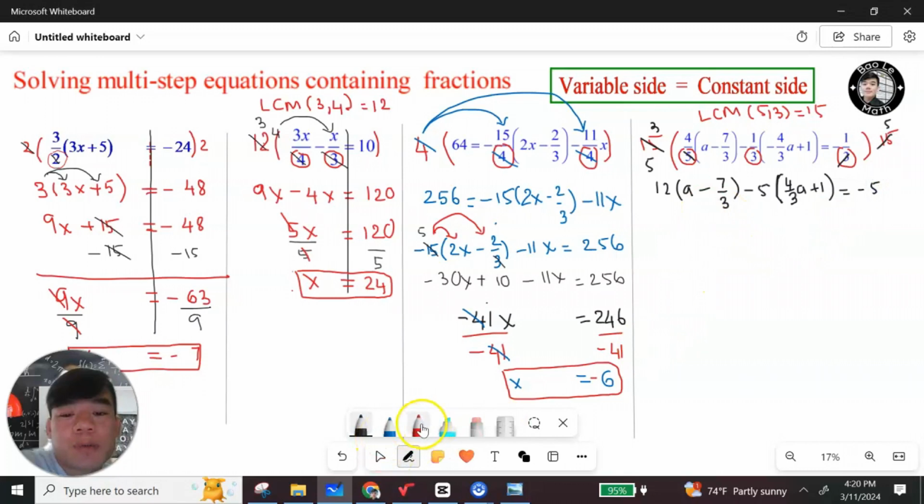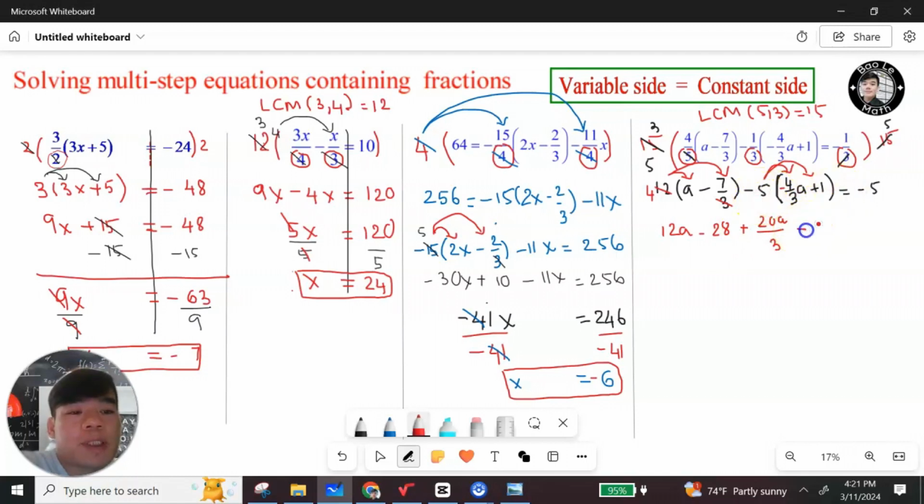Next, you distribute. 12 times a is 12a. 12 times negative 7 over 3: 12 divided by 3 is 4, and 4 times negative 7 is negative 28. Now negative 5 times negative 4 over 3 is positive 20a over 3.